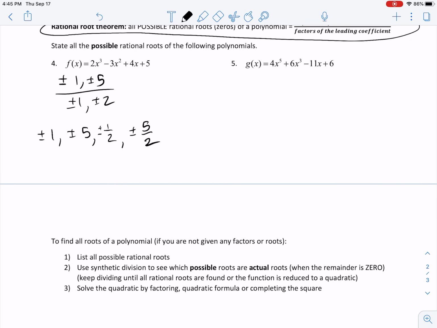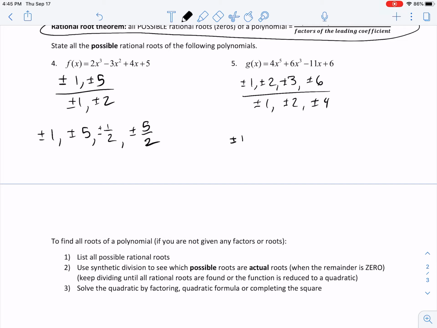Super. Okay, so then on this one I have plus or minus 1, plus or minus 2, plus or minus 3, plus or minus 6 divided by plus or minus 1, plus or minus 2, and plus or minus 4. So this one's going to have a few more for us.